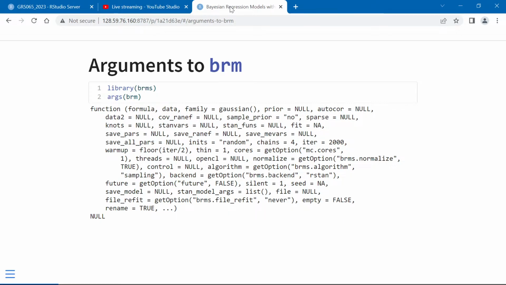And unlike rstanarm, where we have stan_glm, stan_lm, stan_glmer, stan_glm.nb, several others, with BRMS there's just one function.